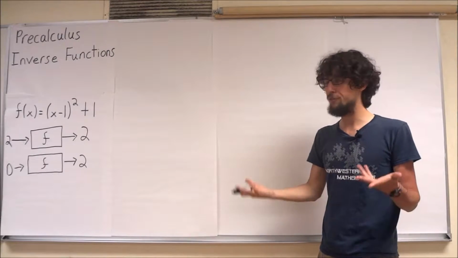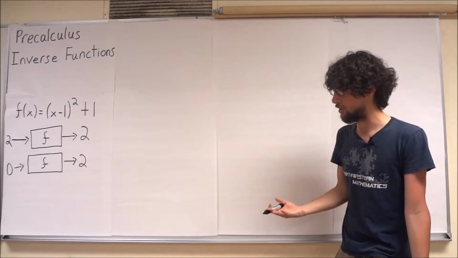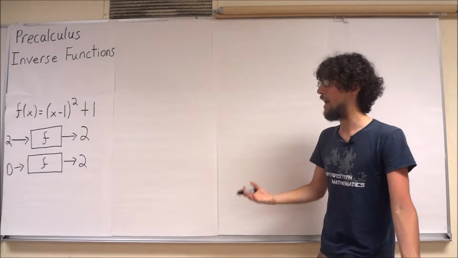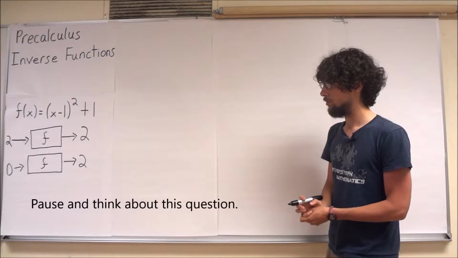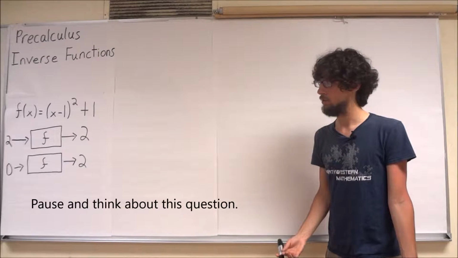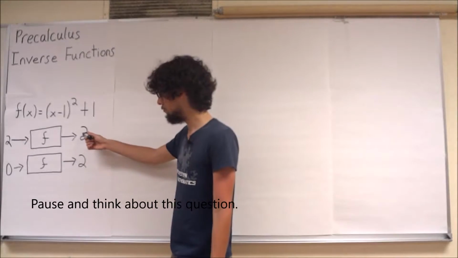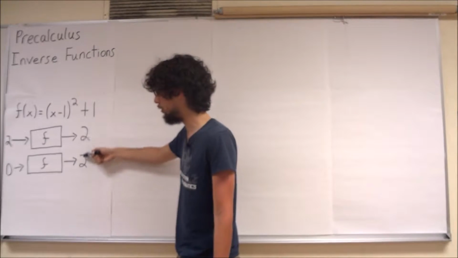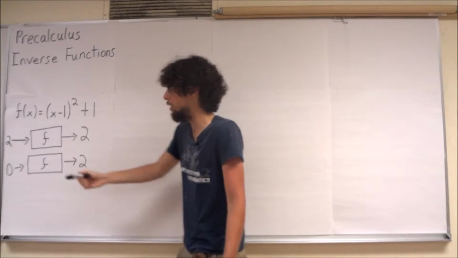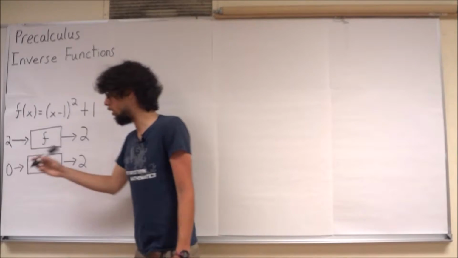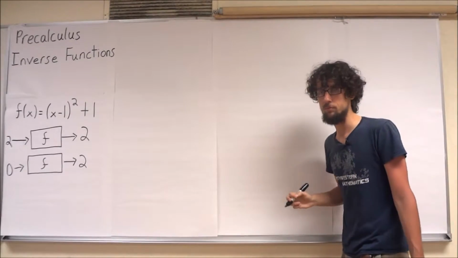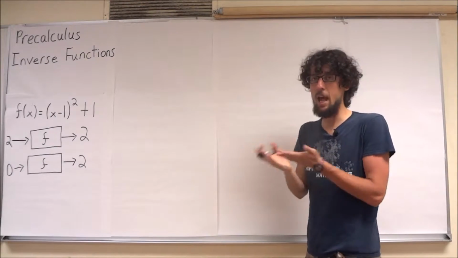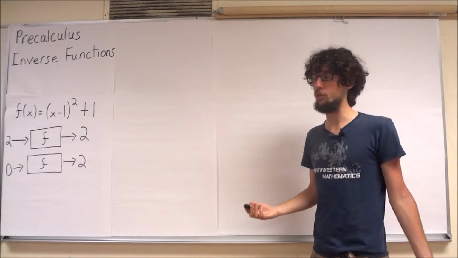So if I try to write an inverse function, and I ask, what is f inverse of 2, what should I say? I see here that if I get an output of 2, it could have come from 2 or from 0. In this case, we say f does not have an inverse function.